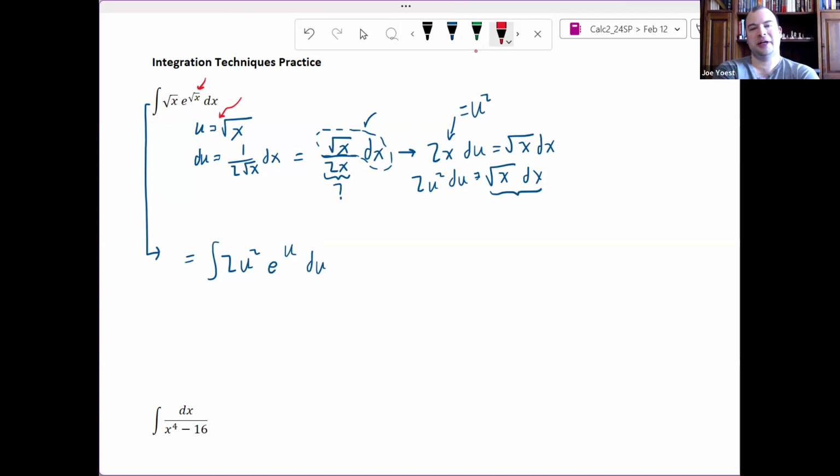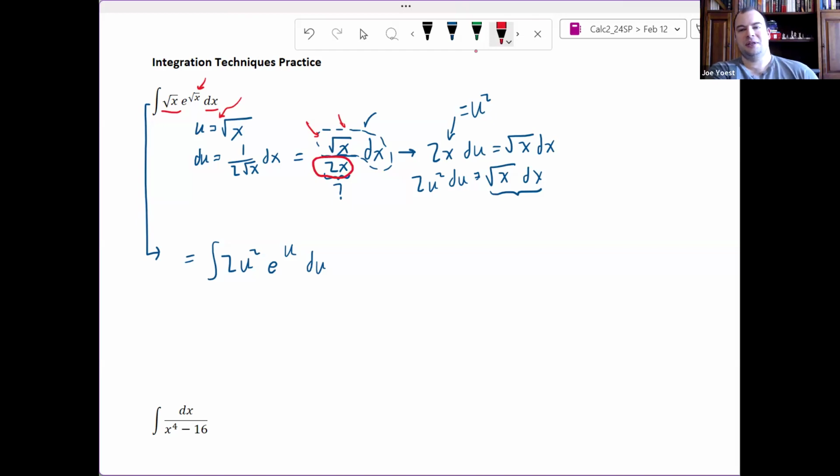Well, sure, if I multiply top and bottom by root x, I can say that this is root x over 2x dx. Well, that gets me the other bit of my integrand. That's a step forward. But what do I do with this 2x on the bottom?